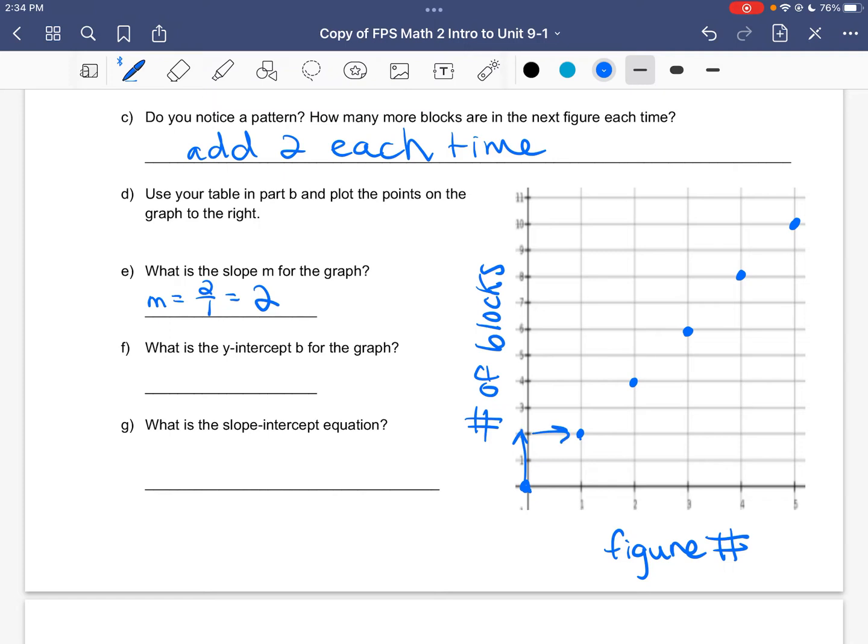I still get that same slope. We can also see the figure would be 0. So at figure 0, I have 0 blocks. So slope-intercept form, y equals mx plus b, which is really y equals mx. And if you wanted, you could connect the dots here and form a line, and that should all work.